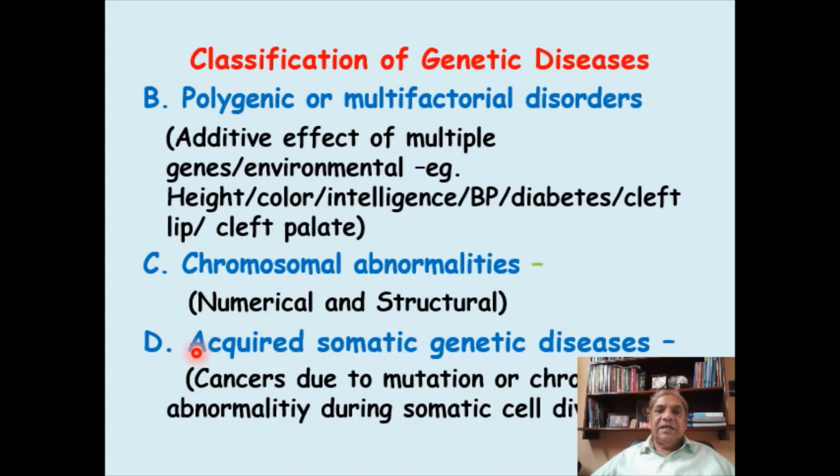And lastly, the acquired somatic genetic diseases are another class of disease, and this is due to chance mutation or chromosomal abnormality during somatic cell division. See, our body is made up of billions of cells, and they are constantly dividing, and during each cell division, chromosomes have to move to the opposite poles for formation of the daughter cells.